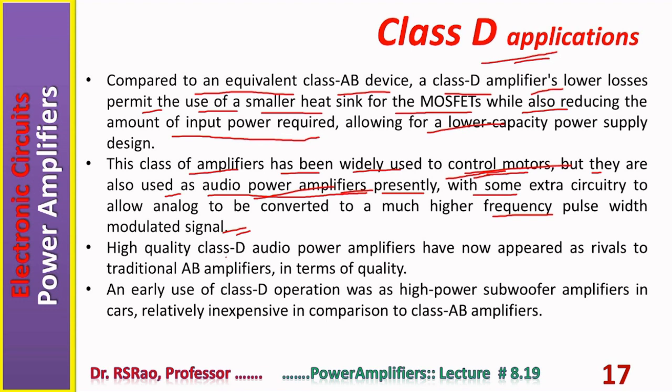High quality class D audio power amplifiers have now appeared as rivals to traditional AB amplifiers in terms of quality. An early use of class D operation was as high power subwoofer amplifiers in cars, relatively inexpensive in comparison to class AB amplifiers. So class D is more efficient and less expensive when compared to class AB.